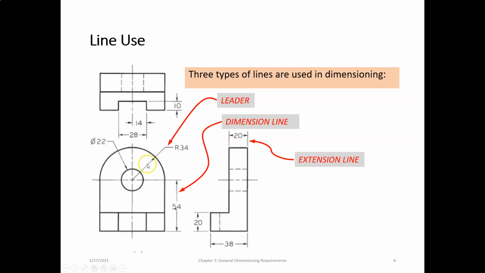And then when we point to an object, such as a hole or cylinder, and we assign a dimension to it, that's called a leader. This line right here is called a leader. So dimensions are composed of dimension lines, extension lines, and leaders.